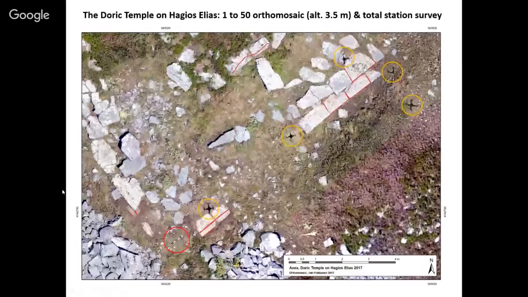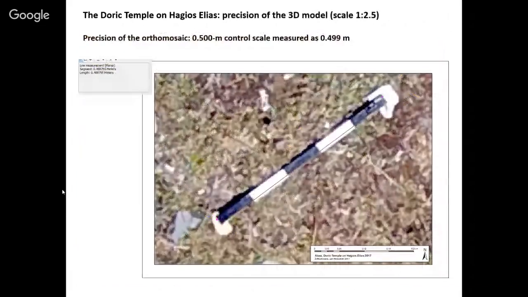I'm not using them to scale up the model, because that happens with the 3D total station targets, but they are there to control the precision of all of the work. And here, okay, that actually doesn't look well, but the shots are done in the corner, so they're off by a centimeter. But actually, the scale length is off by a millimeter, and I was quite surprised by it.